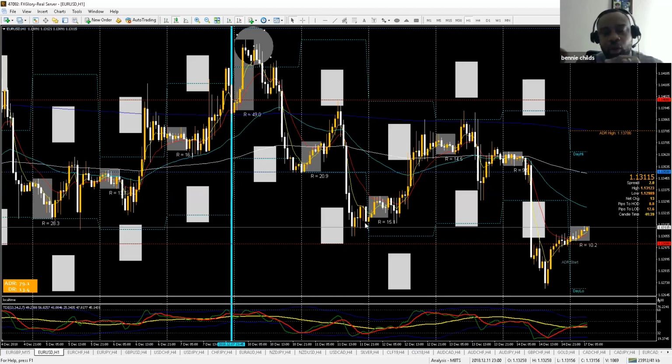So on my midweek reversal, I'm looking for a W shape. And what do we get on Tuesday? We get the first leg of the W, right? It comes up, and even though it's small, we get the second leg of the W, and then we get our confirmation that it's going up.